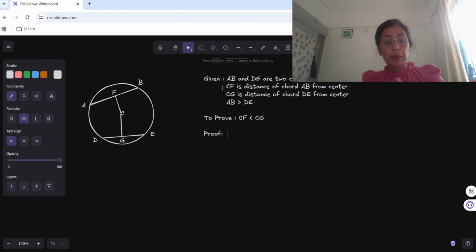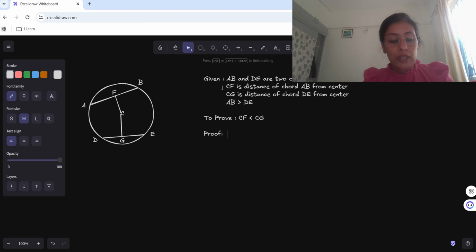So CF is perpendicular to AB, and from the earlier theorems we know that a perpendicular drawn from the center of the circle to a chord bisects the chord.